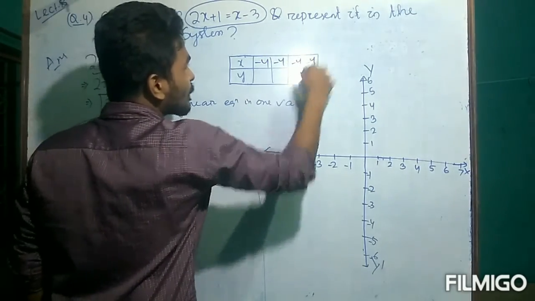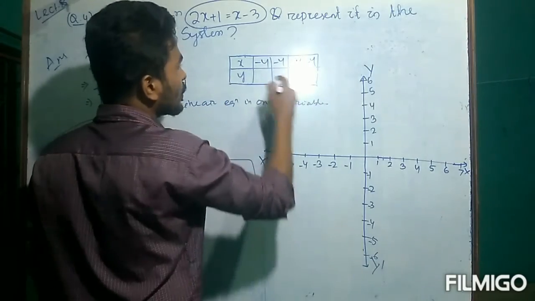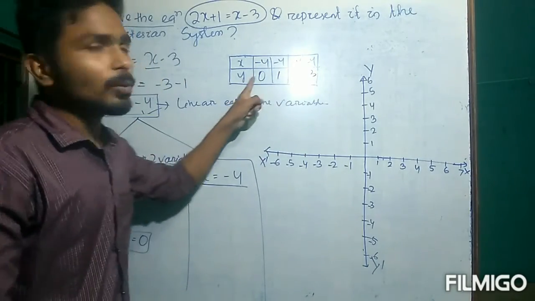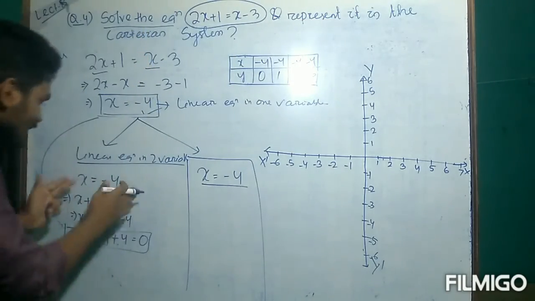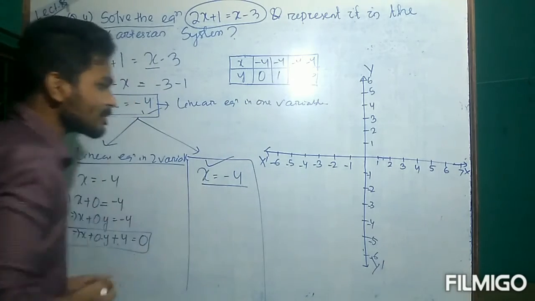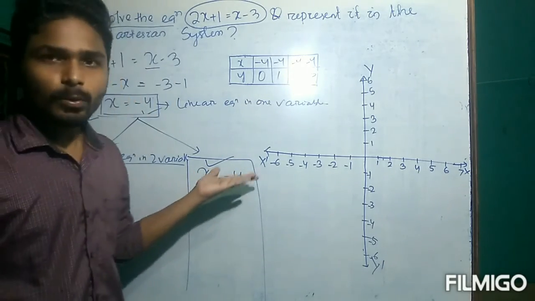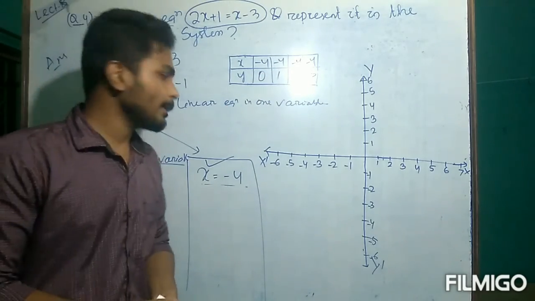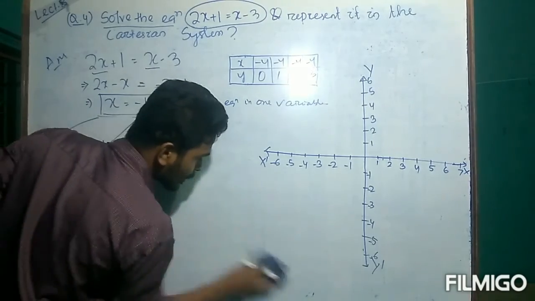Put any value of y, 0, 1, 2, 3, whatever, but you get the value of x to be always minus 4. In this process also you get the same result, but this process is very easy. Here the value of x is always minus 4, so simply put x to be minus 4 and find any value of y.